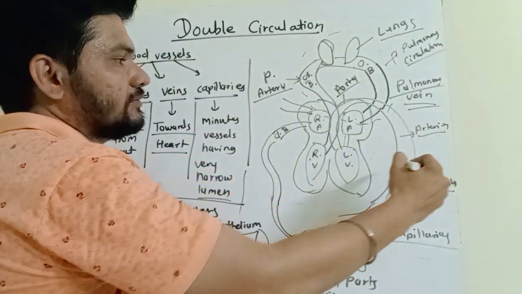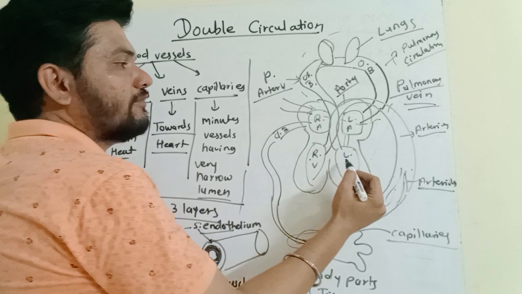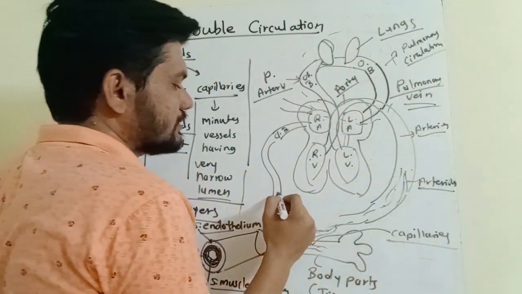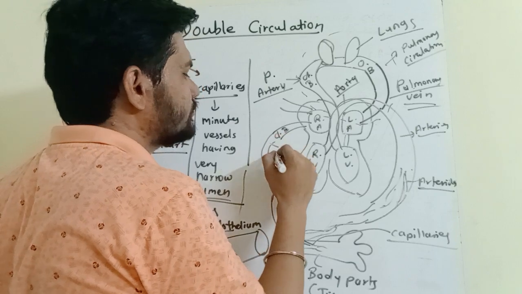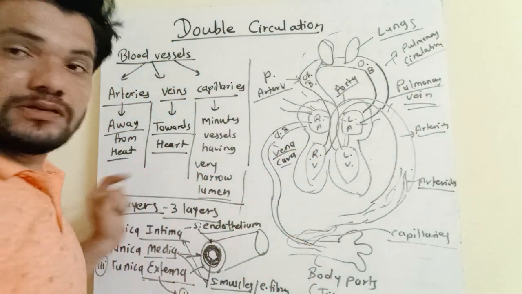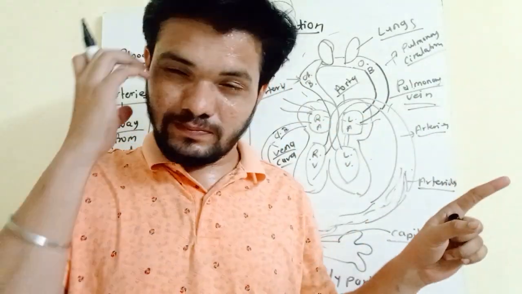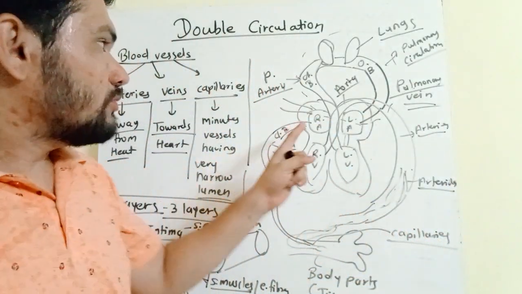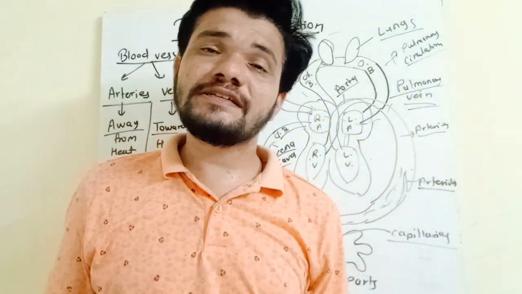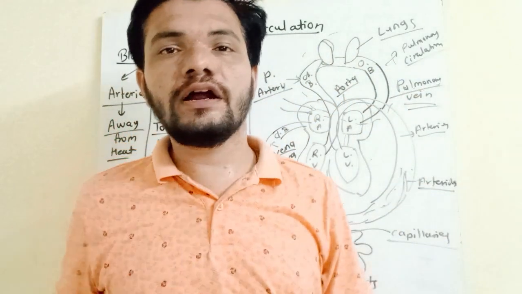This circulation from the left atrium, left ventricle to the arteries, arterioles, capillaries, and this is the vena cava, is called the systemic circulation. So this part is called the pulmonary circulation, where blood is transported to the lungs, and from the lungs to the heart.